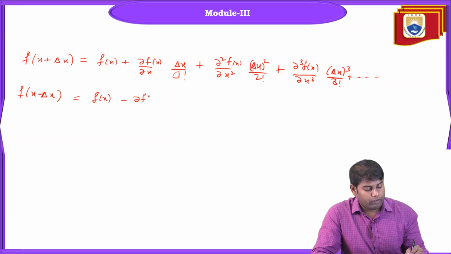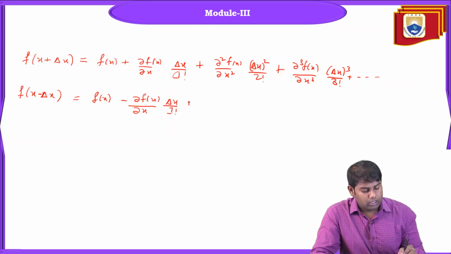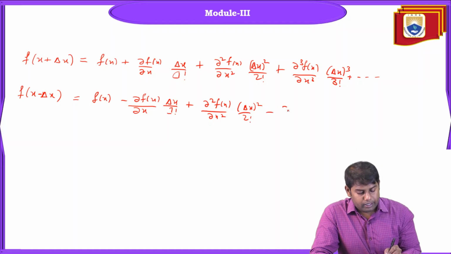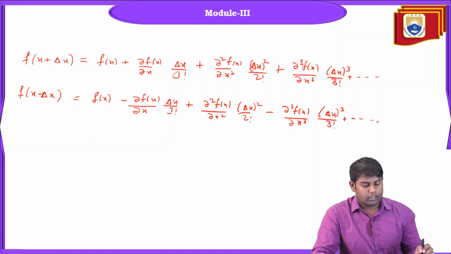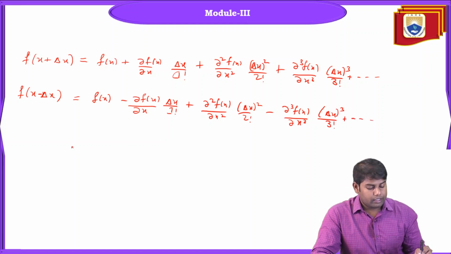So, minus dou f by dou x into delta x divided by 1 factorial, plus dou square f by dou x square into delta x square divided by 2 factorial, minus dou cube f by dou x cube into delta x cube divided by 3 factorial, and so on.